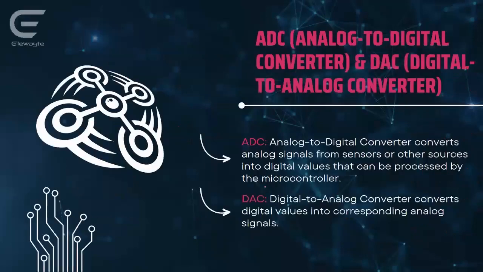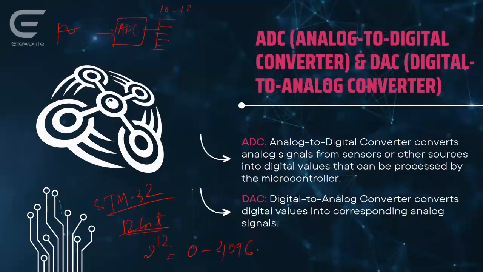Okay. ADC: I told you that we have analog data, and if you give it to the ADC, it will be changed into digital data of 10-bit or 12-bit. STM32, with its ARM processor, has a 12-bit ADC. 12-bit means 2 to the power 12, a total of 4096 values, from 0 to 4095.